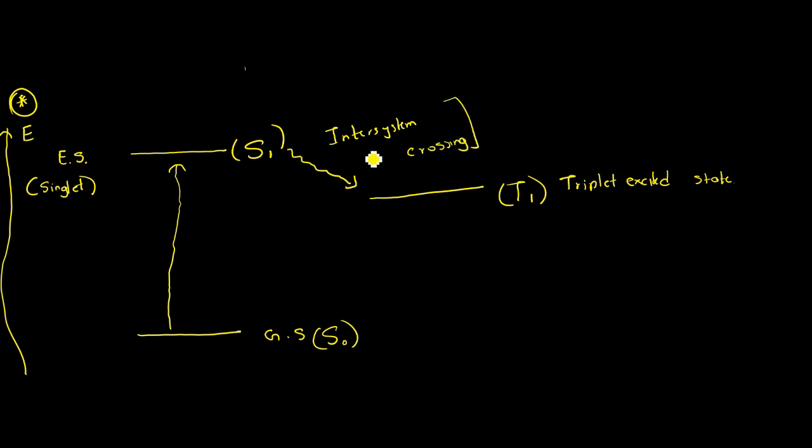This is the main process where this triplet excited state gets populated, right? It's not from the direct transition. It's from this S1 excited state, and through intersystem crossing, we have this triplet excited state populated.